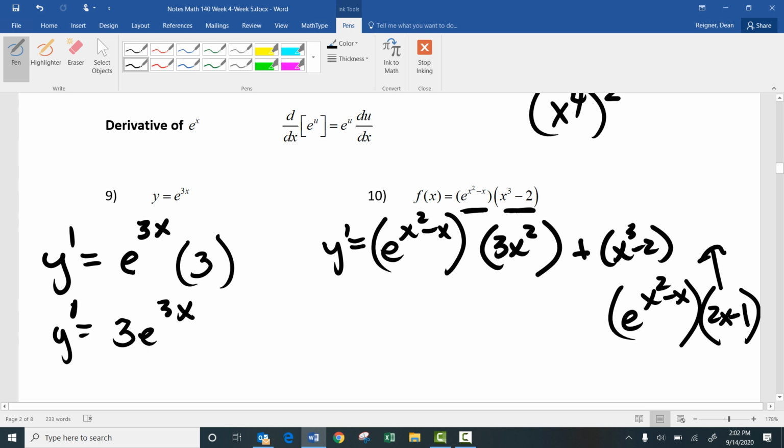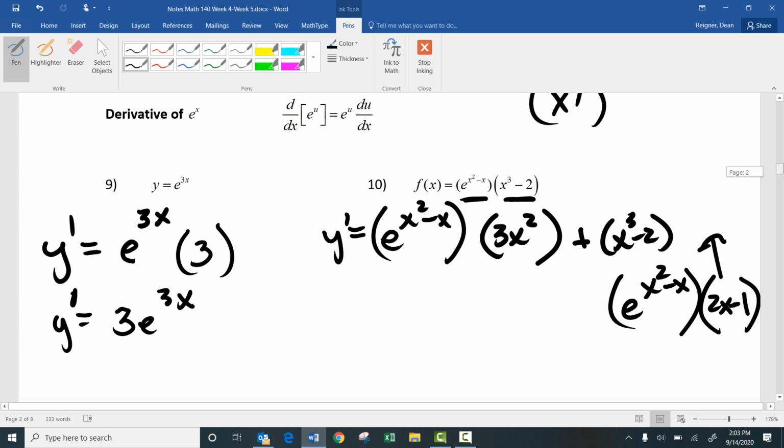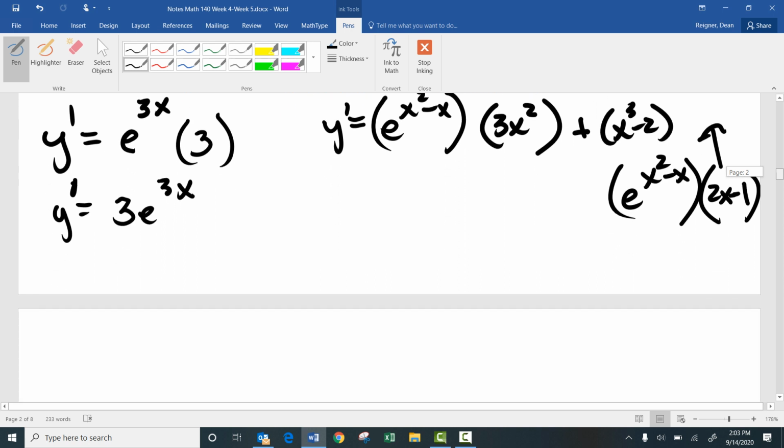First guy, derivative of the second guy, plus second guy, which is here, times the derivative of the first. The derivative of e to the whatever is e to the whatever, and then you take the derivative of the exponent. The derivative of x squared is 2x. The derivative of x is 1. And that's pretty much all you need to do there. You don't need to multiply all these together. The product rule, as you notice, can get pretty long and complicated. So you just have to keep track of all the terms.